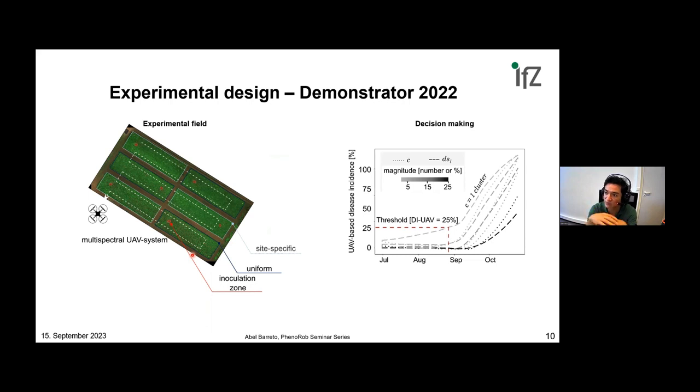By previous experiments, we observed that we have to establish from our disease incidence calculated from multispectral images our own thresholds. And we try to plot different disease incidence curves. And one aspect that we observe is that many parameters have to be controlled.